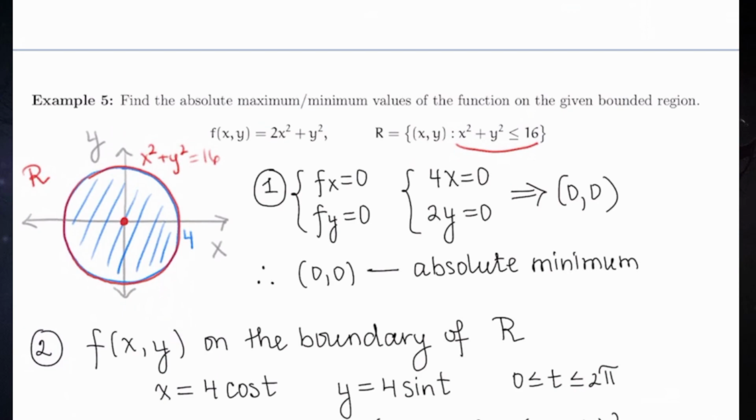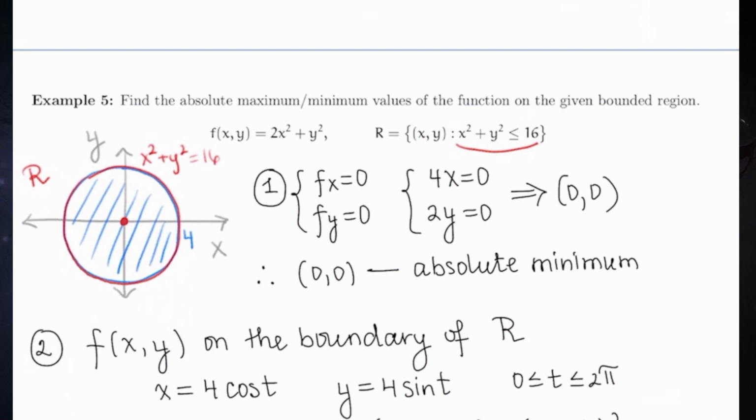We know that if we have the center and the radius, we can rewrite our curve in terms of a parameter t. Here you see I'm writing x equal to 4 cosine t, y equal to 4 sine t, and t is bounded between 0 and 2 pi.